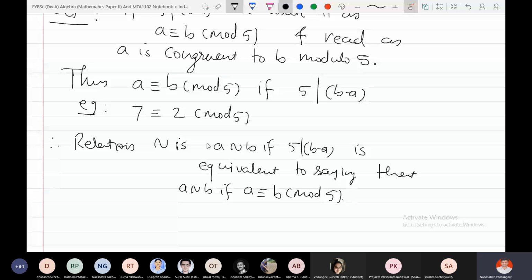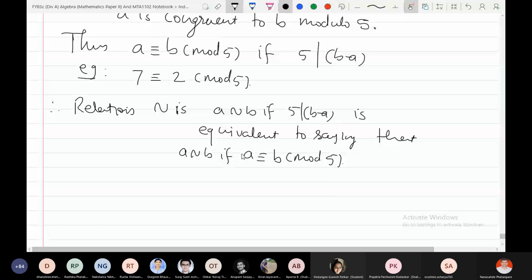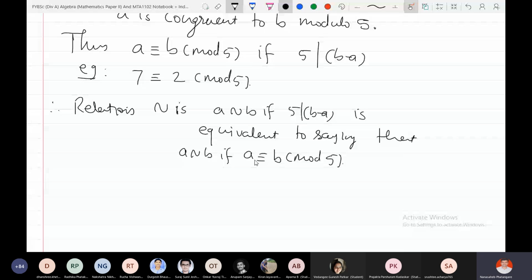I am just using this notation, and why am I changing to this congruence and all these words? Because there is a reason. That is what modular arithmetic is. a is related to b if a is congruent to b modulo 5. What does it mean? 5 divides b minus a. That is my relation.